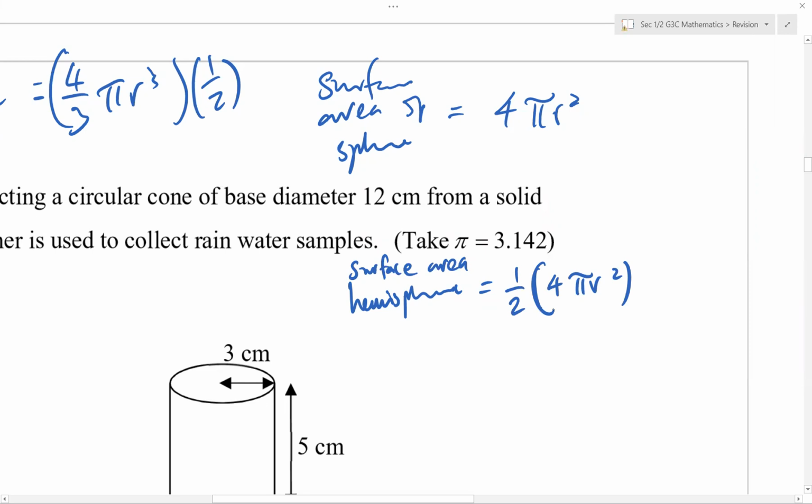But the hemisphere has a flat surface, so you need to add pi r square for the top. However, if it is like a bowl where there is no flat surface, then it's just half of 4 pi r square. It depends on the question. You need to understand what is happening.